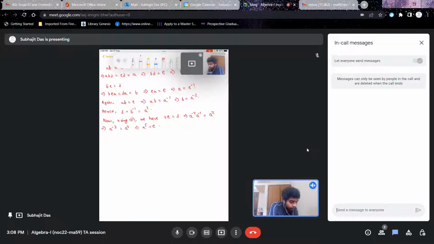So first of all, the plausible groups here are either the identity group or Z5. So let us see whether we can find elements in Z5 which satisfy the same relations as A, B, C and D. Okay, so what we do is consider this mapping.